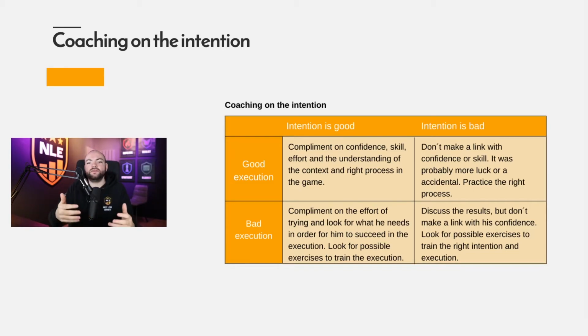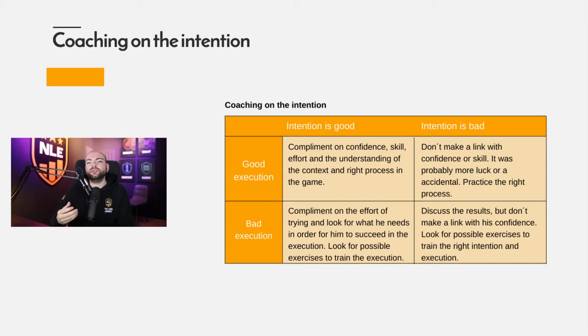You don't want to copy this same intention 100 times, because the odds are that 9 out of 10 times there would be a different outcome in this specific play. So you want to be aware of this as a coach, so you make the player aware of their own shortcomings and their wrong intention. When you're coaching practically, you don't want to link it with self-confidence, like, oh, good job, that was an insanely good play.